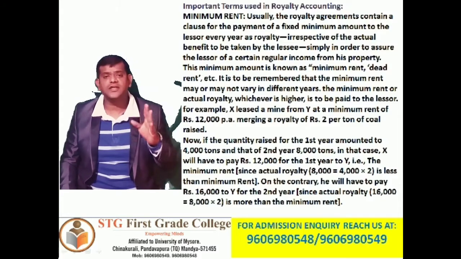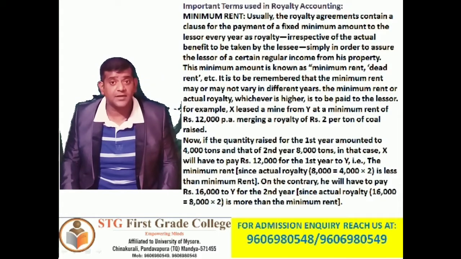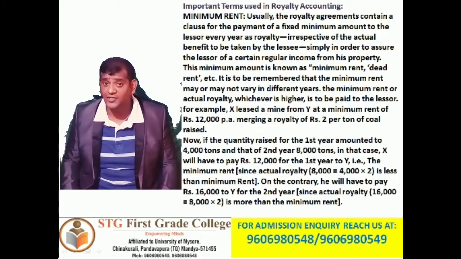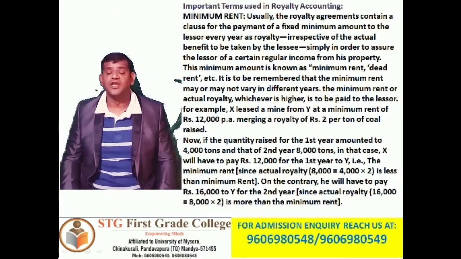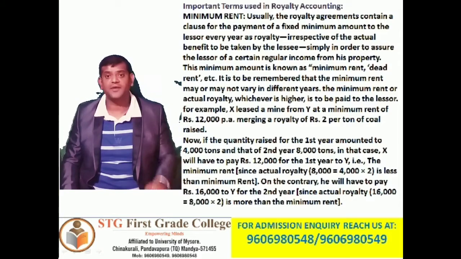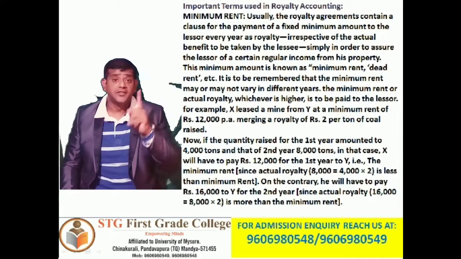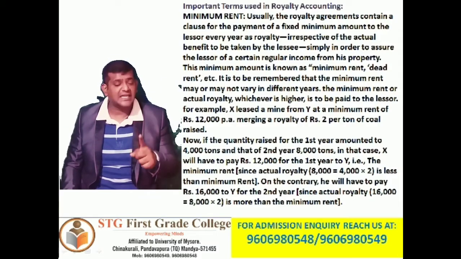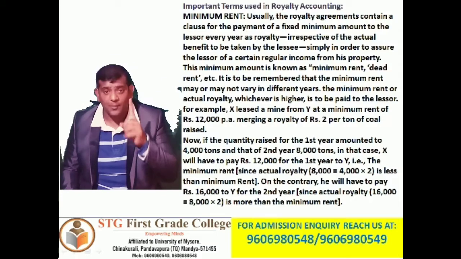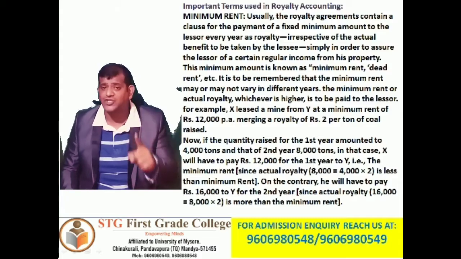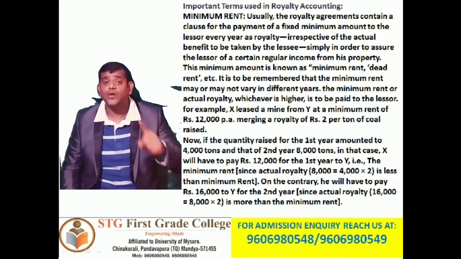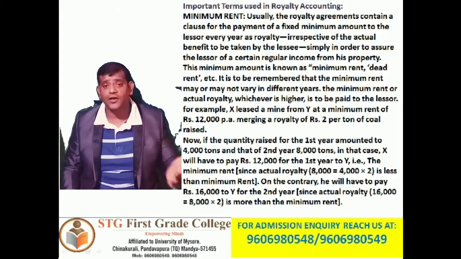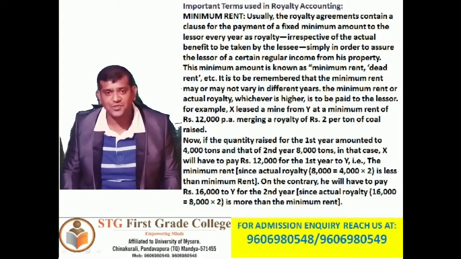Okay. It is to be remembered that the minimum rent may or may not vary in different years. The minimum rent or actual royalty, whichever is higher, remember this, whichever is more, is to be paid to the lessor.